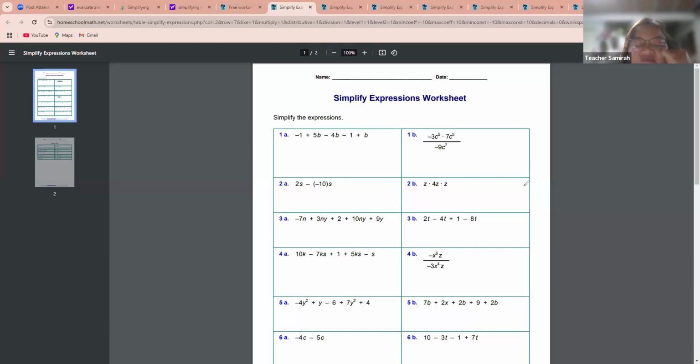Both are negative. Are you going to subtract it? There are two negative 1, right? If I am going to add these two negative 1, what will be my answer? Will it be 0 or will it be negative 2? Take note, you are adding two same sign numbers. So if I am going to add two same sign numbers, am I going to subtract it or am I going to add it?